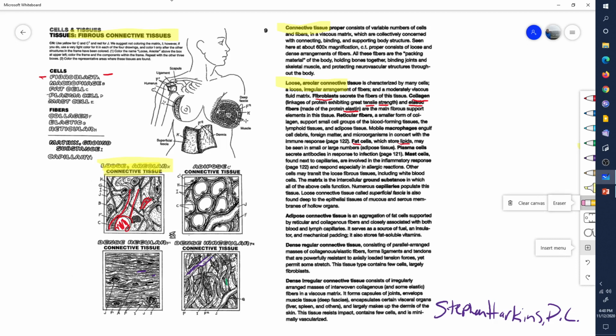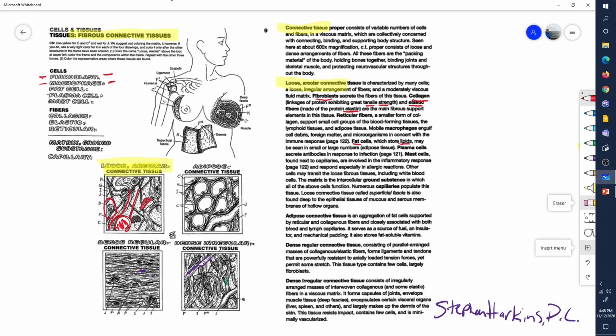There are other cells found in the loose areolar connective tissue. They are immune cells, starting with this one right here, called a macrophage. This little guy is great. He runs around, he's mobile.